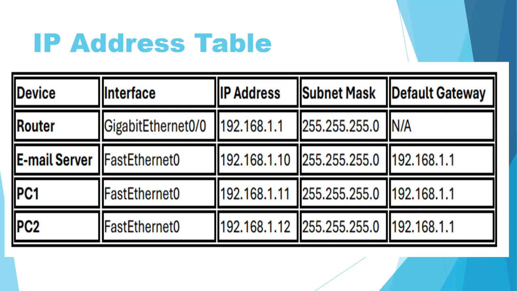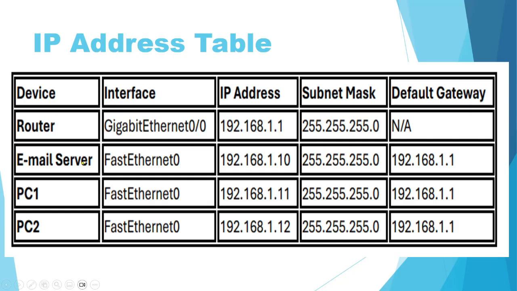The IP address table we are going to use is this one. For the router, we are going to set the interface GigabitEthernet 0/0. Again, here we will set the IP address for this router as 192.168.1.1.